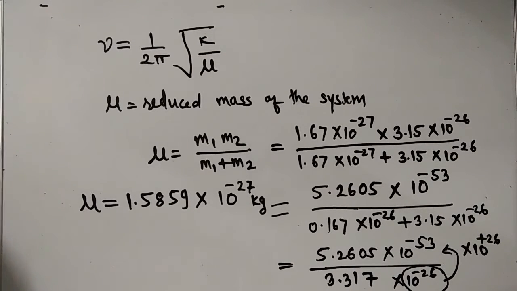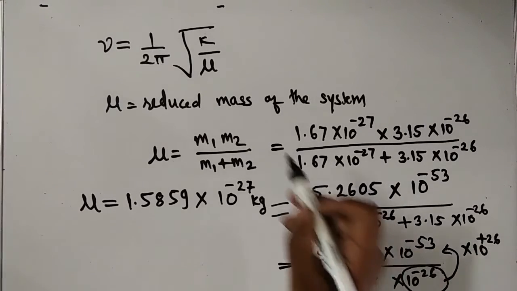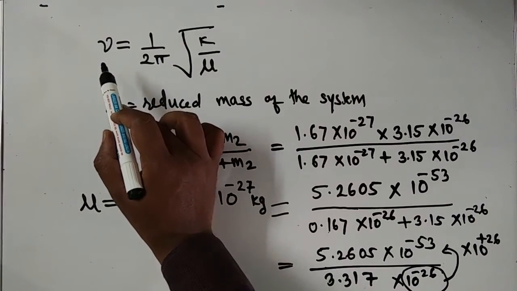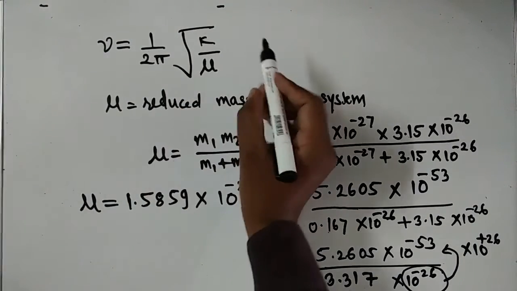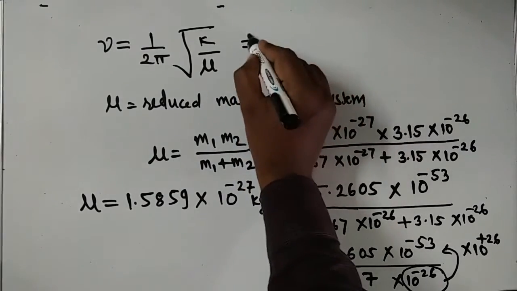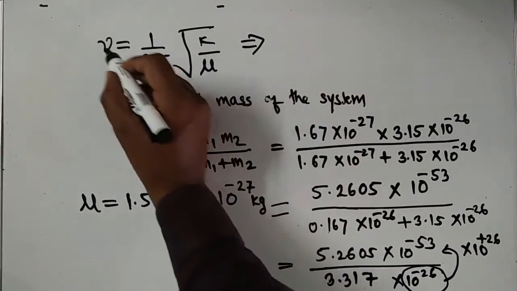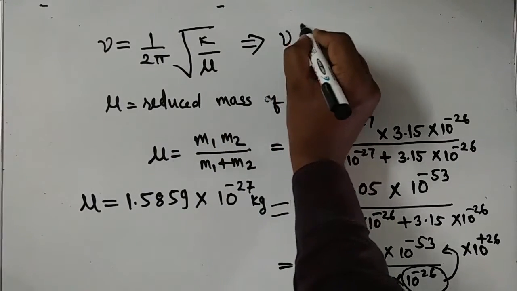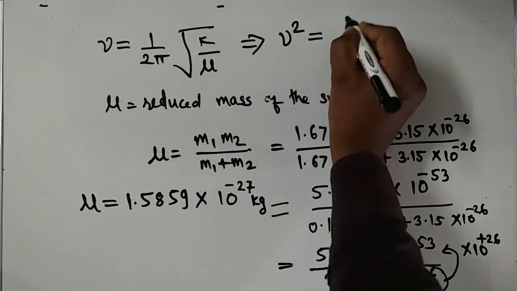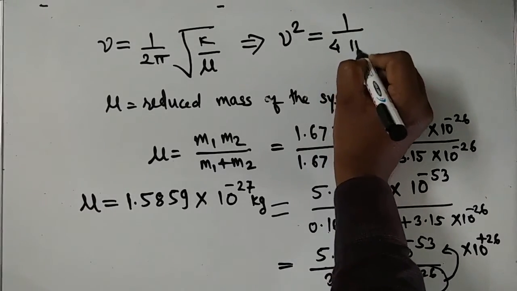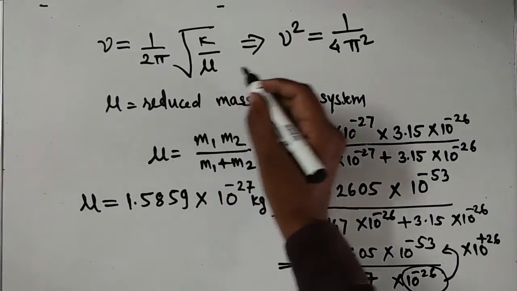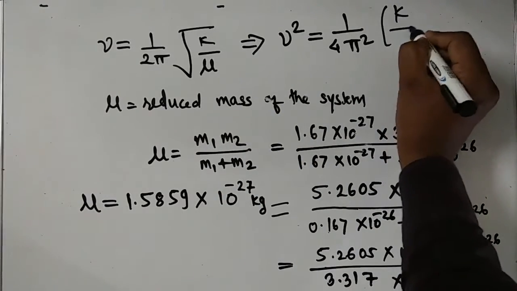Now we have to first calculate the force constant, and then we have to calculate the energies, right? We have already written the formula for the vibrational frequency. From there I can modify this formula to get the force constant. If I square both sides, nu squared is equal to 1 upon 4 pi squared into k upon mu.